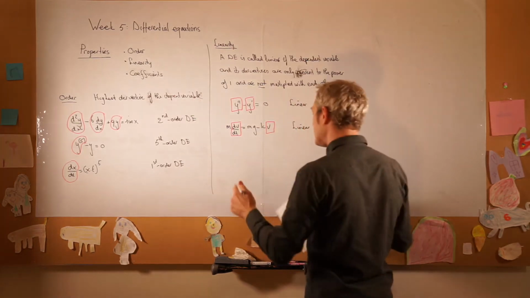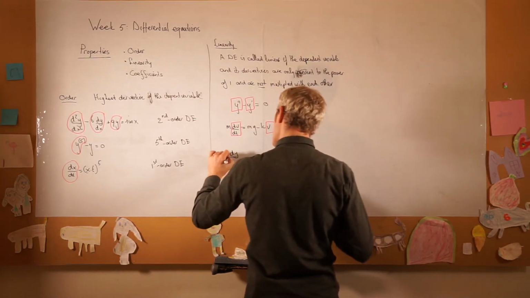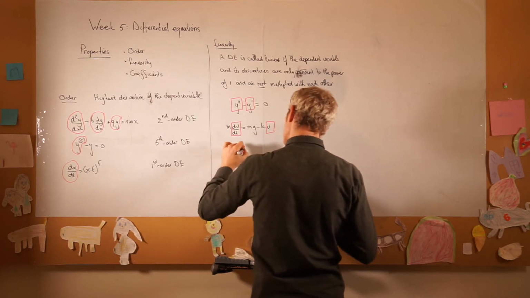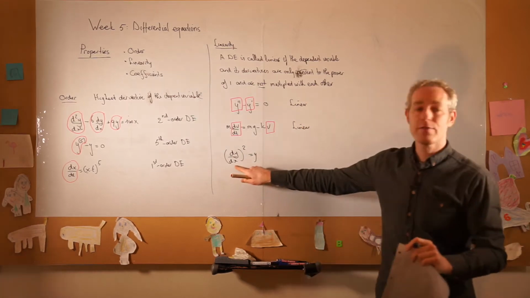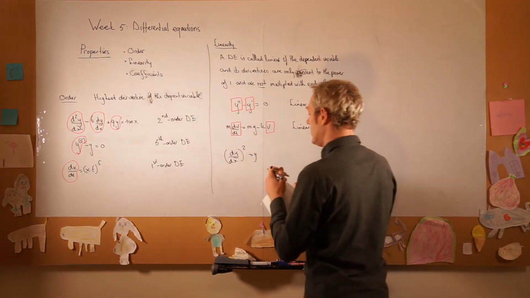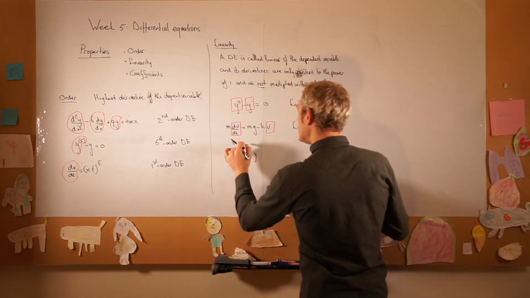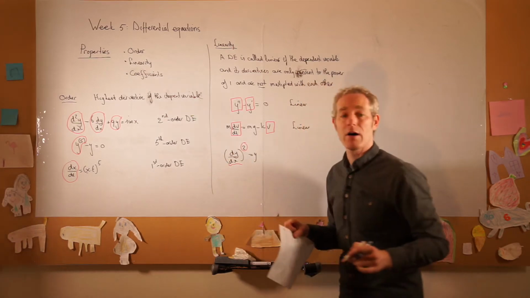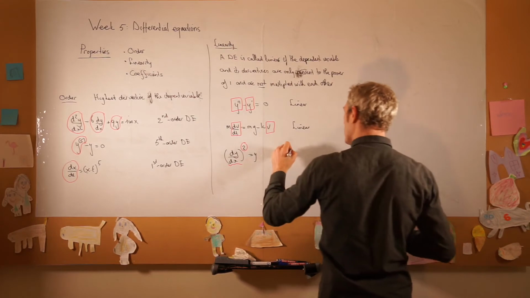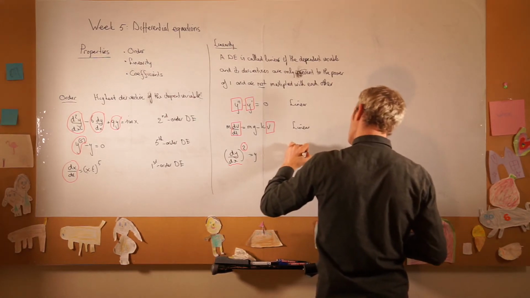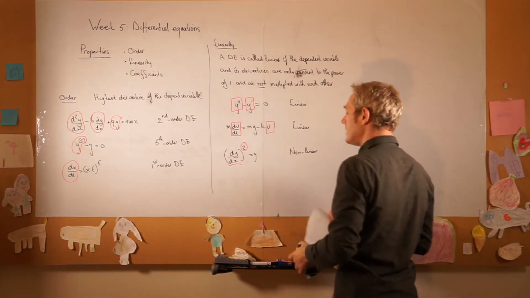Now, let's take dy dx squared is equal to y. Now here we have our first order derivative, but it's to the power of 2, which then is called a non-linear equation.